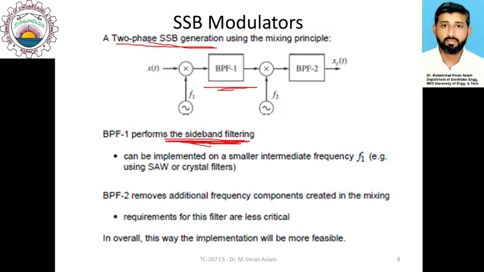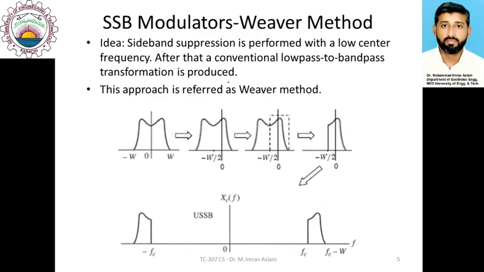It tries to remove that particular sideband, and then after another frequency shift, we use another filter to remove the remaining unnecessary frequency contents which are available in that system. From this scenario, the most practically used SSB modulator is named as Weaver modulator or Weaver method, which is illustrated in the diagram here.